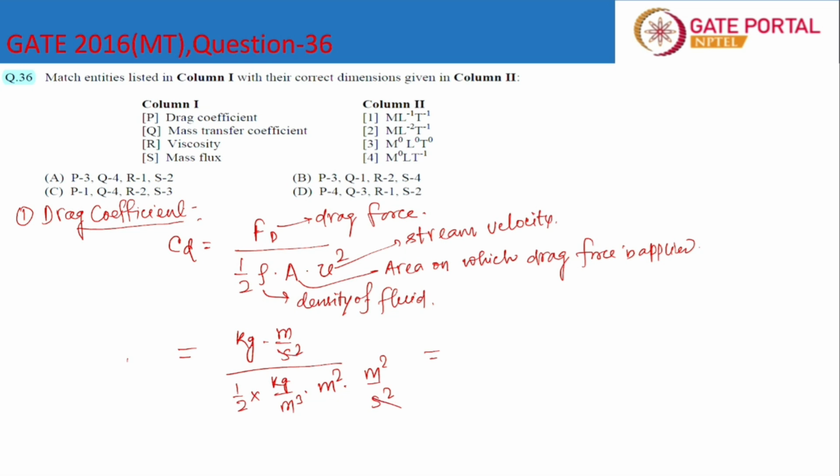So this and this gets cancelled, kg and kg gets cancelled, and here also meter cube and here meter, so this all will get cancelled. So this is dimensionless. So the dimension will be m0, l0, t0. So this one.